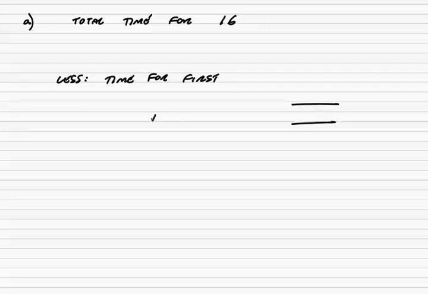And so, just like before but with different figures, to get the time for the next 15, if we work out the total time for 16, if we deduct the time for the first, then we've got what we want.